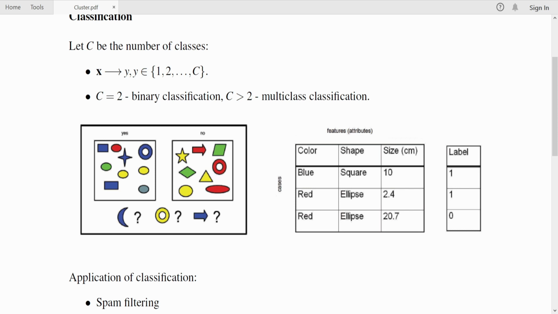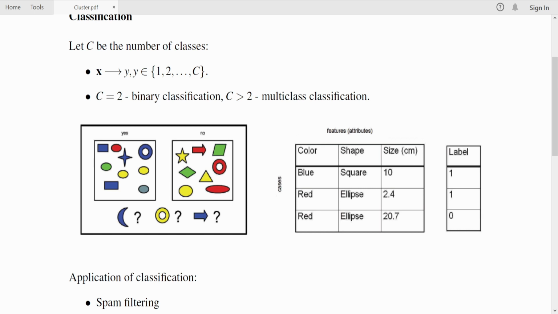So we have three new objects that we want to classify into either the one or zero group. We have this blue crescent, this yellow circle, and a blue arrow pointing to the right.